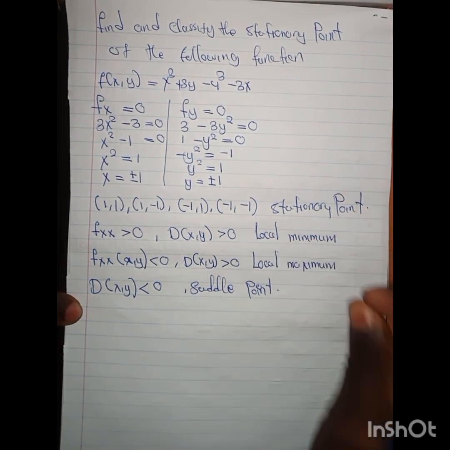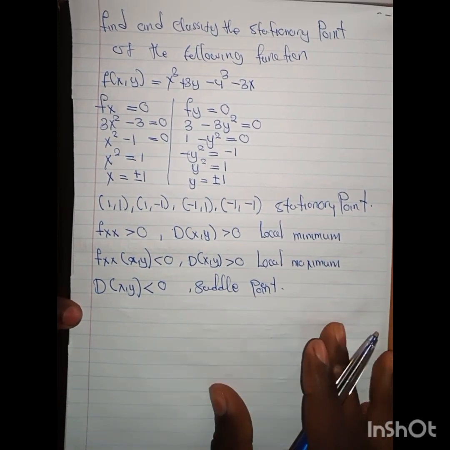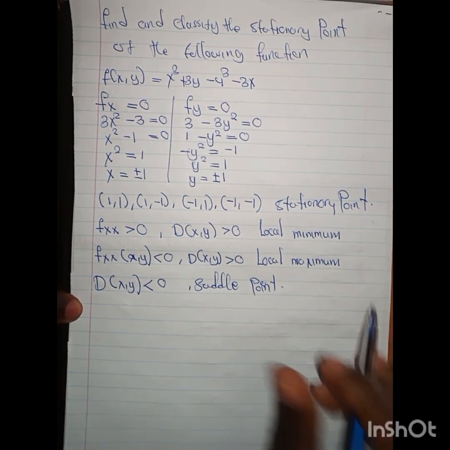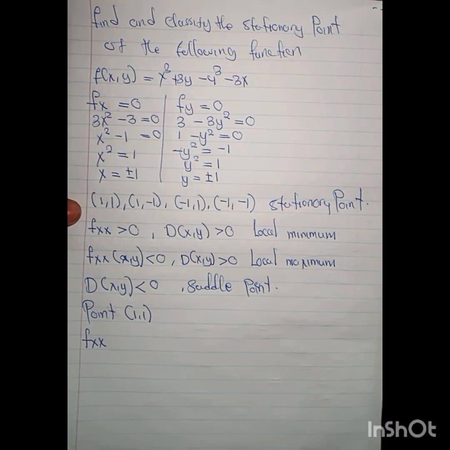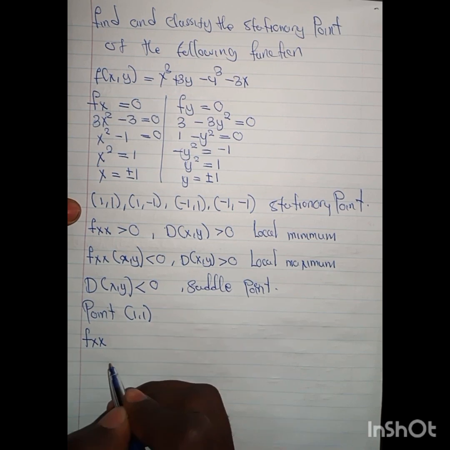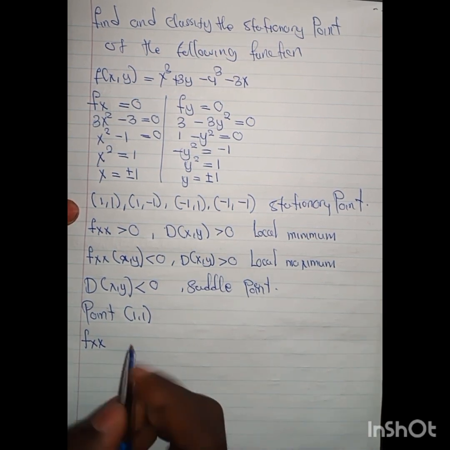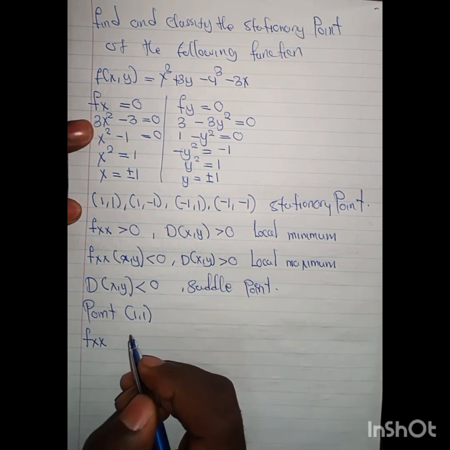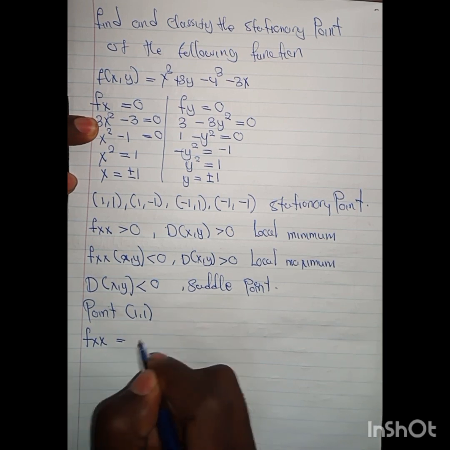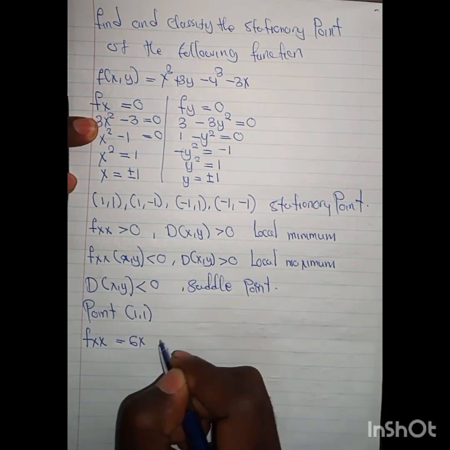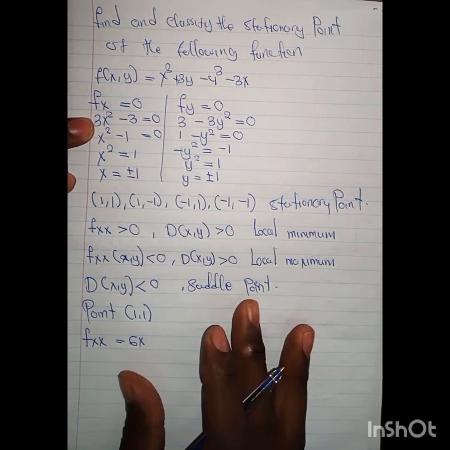We will need this information in order to classify our stationary points. First we are going to take our points one by one. Let us first look at the point (1, 1). Then f sub xx, or the second derivative of f with respect to x. We differentiate this part and we get 6x, and the derivative of minus 3 with respect to x is 0.